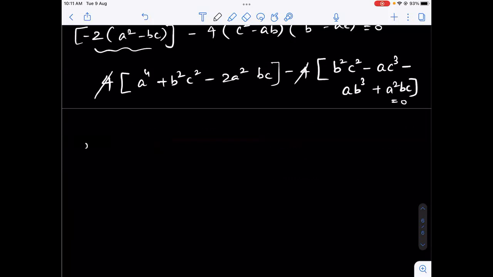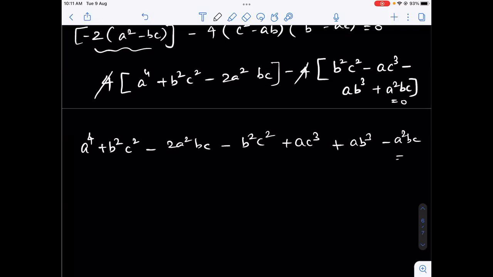Right? Now, a power 4 plus b square c square minus 2a square bc minus b square c square plus ac cube minus ab cube plus ab cube minus a square bc is equal to 0. So b square c square, b square c square will get cancelled.